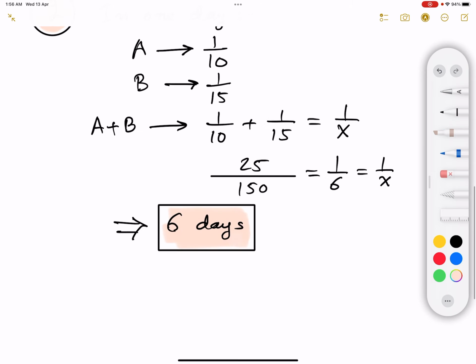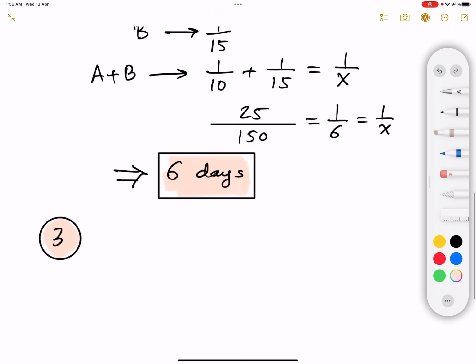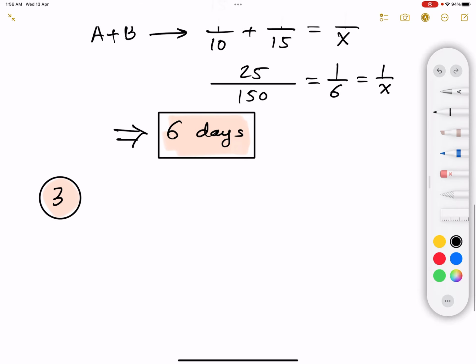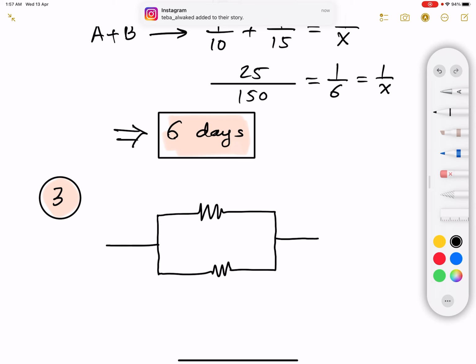Now I would suggest a third way, which is something that we learned in electrical engineering when we dealt with resistors and electrical circuits. This problem is kind of equivalent to connecting two resistors that are connected in parallel, because the two people are working together.